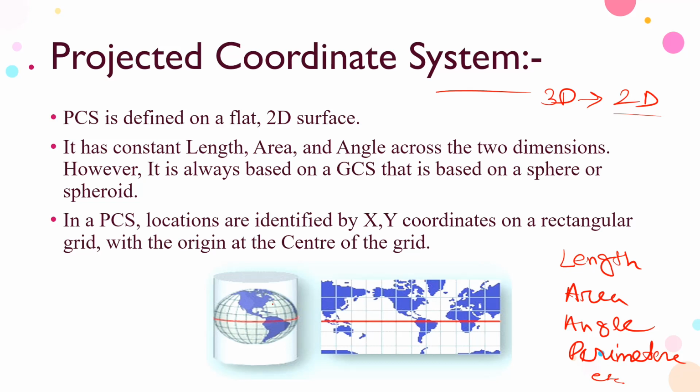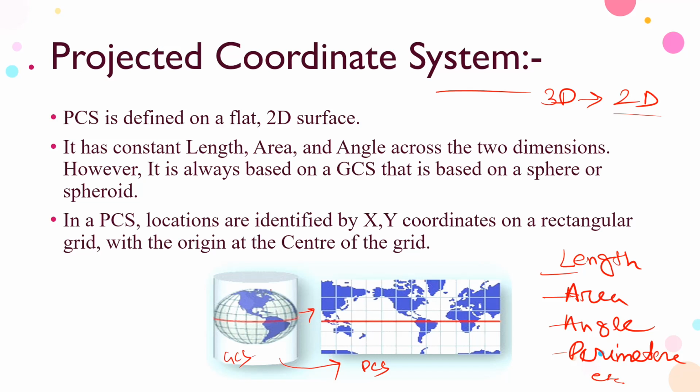For estimating the location point on the Earth surface, we use GCS for 3D. But we have to project this GCS to PCS, the projected coordinate system. For measuring length, area, angle, perimeter, this type of measurement, we have to project it into 2D, and the GCS comes to PCS.